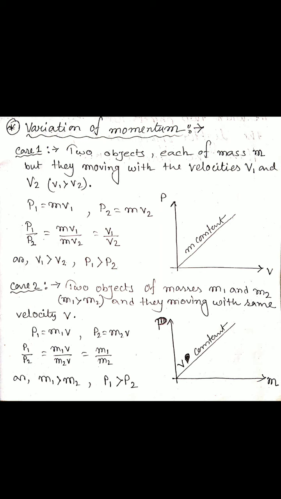If velocity increases, momentum also increases. So it is directly proportional. If we plot the graph p versus v, with m constant, it will be a straight line graph.